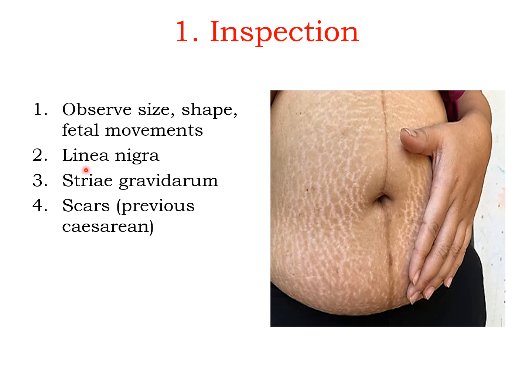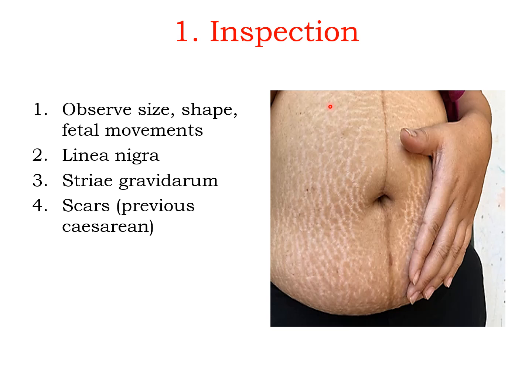The other thing is linea nigra. Linea nigra is the line on the abdomen. So the brownish line on the abdomen is called linea nigra and it is also a sign of pregnancy. Number three, striae gravidarum. Striae gravidarum are a kind of stretch marks on the abdomen.